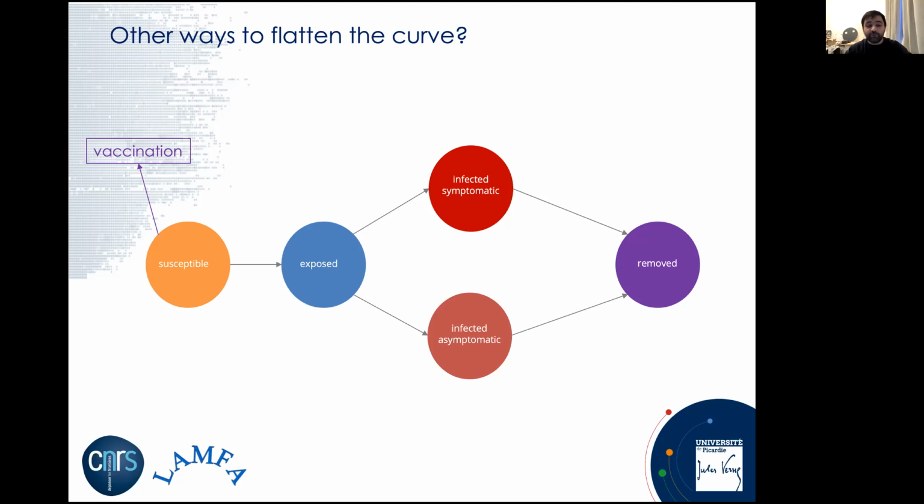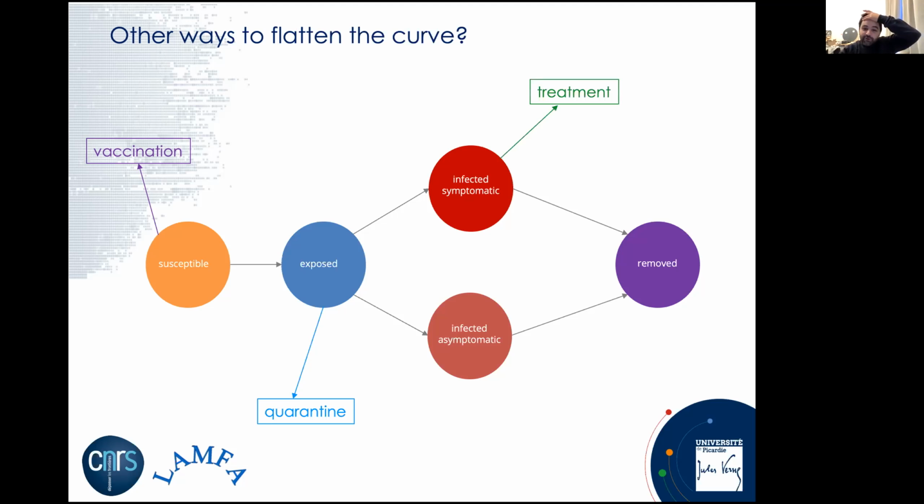Vaccination is a way to flatten the disease. This is also something we are doing with the Department of Health in the Philippines. We are doing a much more complicated model, so I cannot explain. But this one I could: you have to take into account the quarantine.